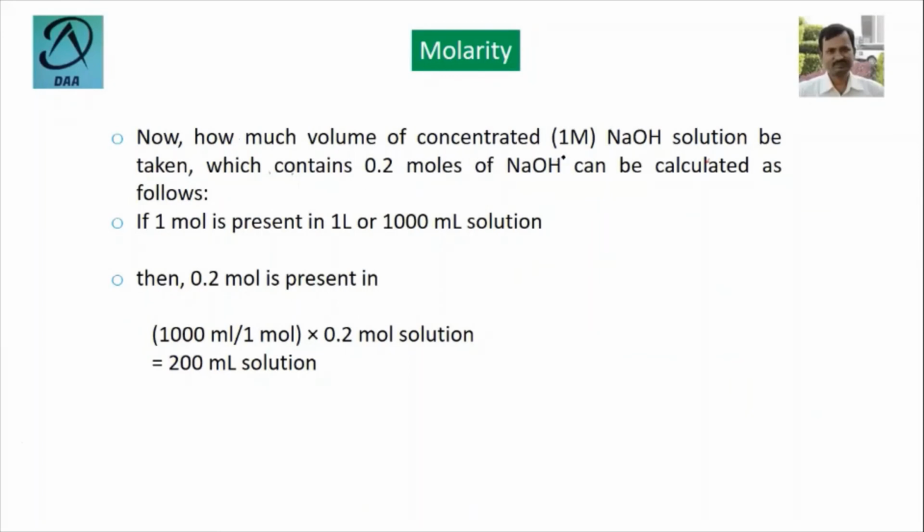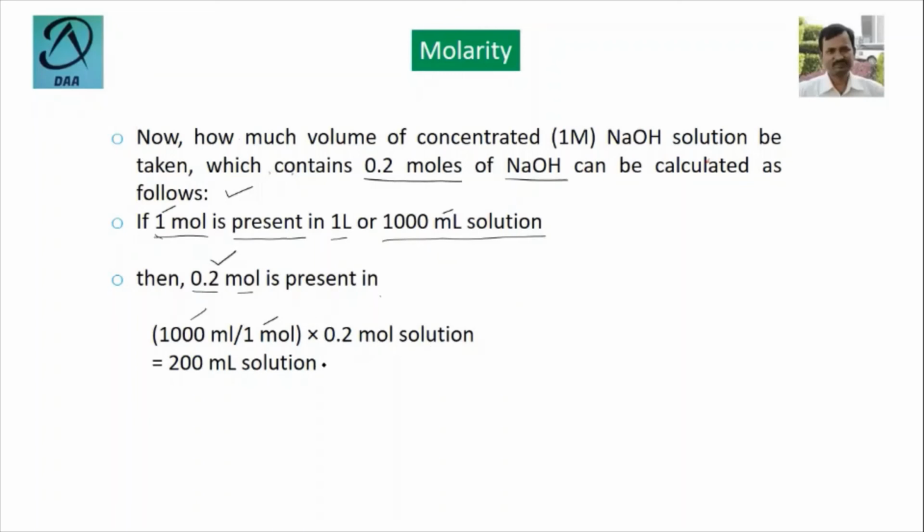Now, how much volume of the concentrated 1 molar NaOH solution should be taken which contains the 0.2 mole of NaOH can be calculated like this. If you consider 1 molar NaOH, that means 1 mole of NaOH compound is present in 1 liter or 1000 ml of solution. So 0.2 mole is present in 1000 divided by 1, multiplied by 0.2 mole.